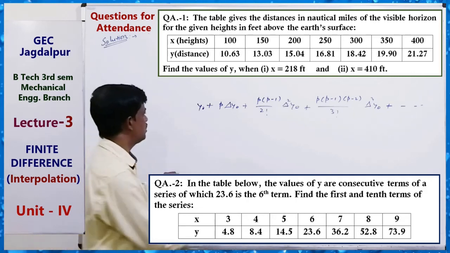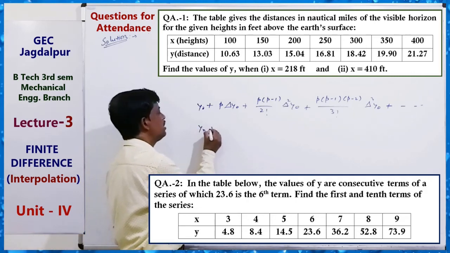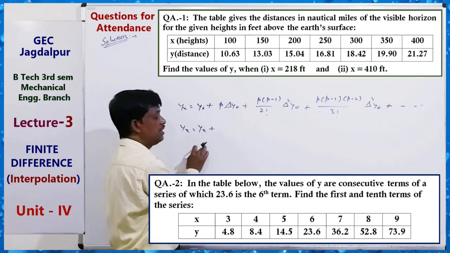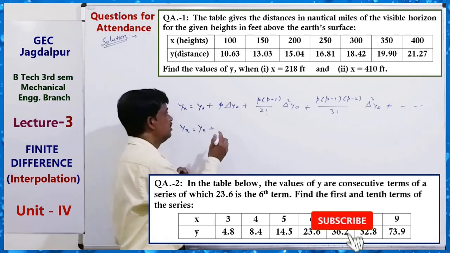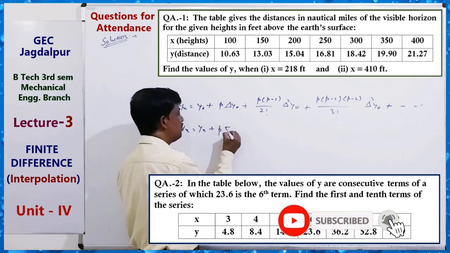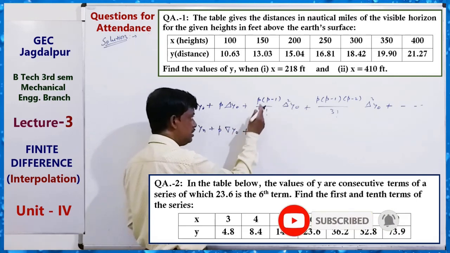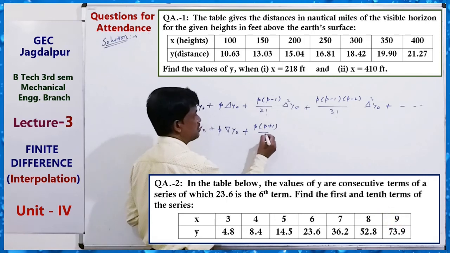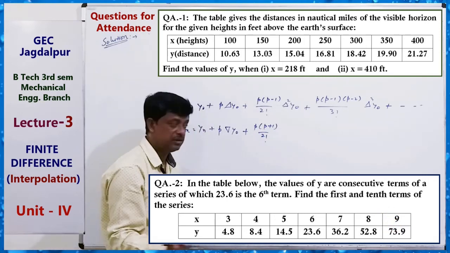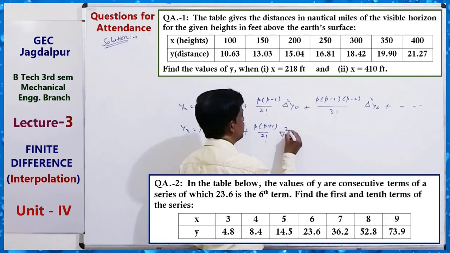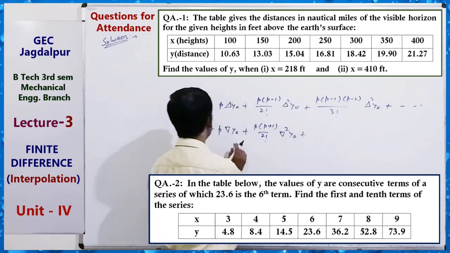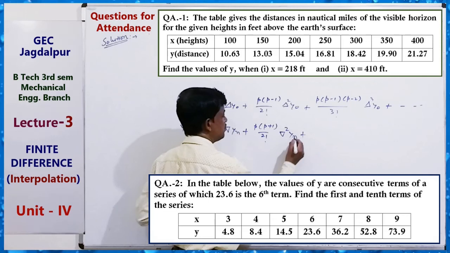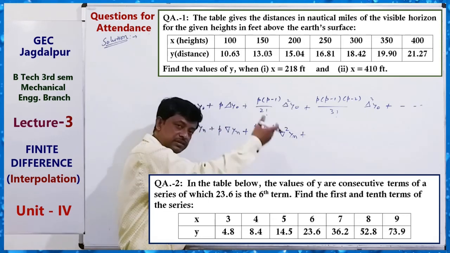For the backward interpolation formula, here we write yx equals yn, on the backward side. Here p is also backward, but you have to write p plus 1, only plus 1, so p(p+1). It is yn, not y0 here, because these differences are taken from the backward side.